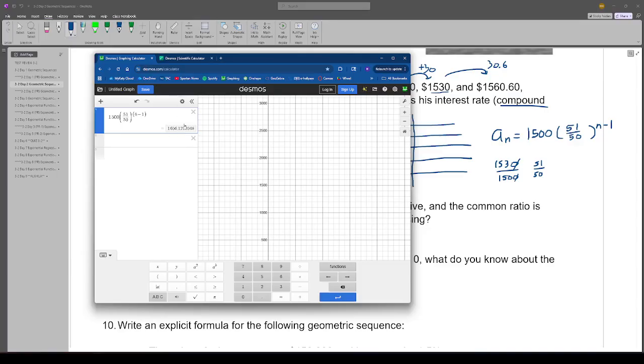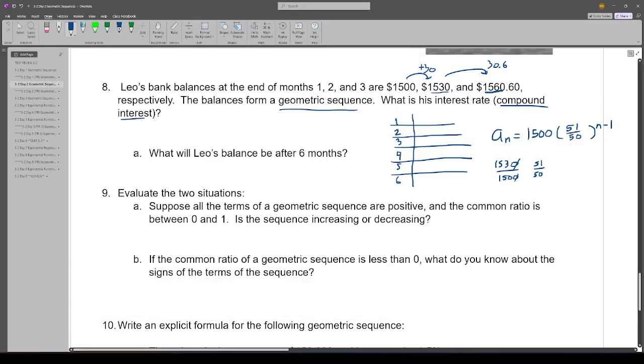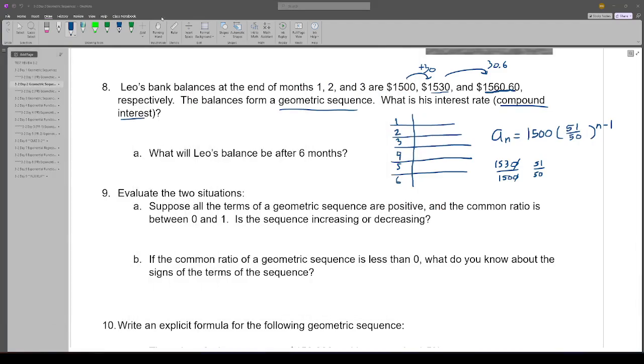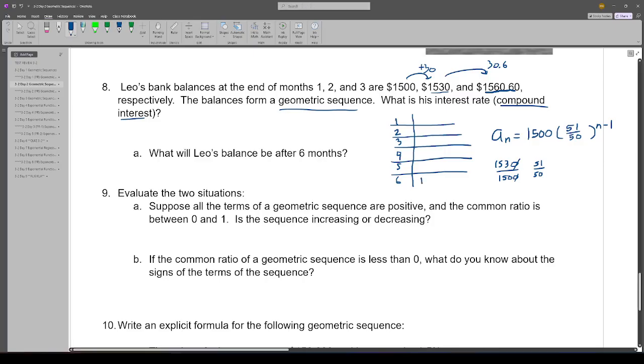Since we're talking about money, we're going to round to 2 decimal places because that's how dollars and cents work. We can also see that as given in the problem with 1560.60. So we have the answer after 6 months. Leo would have 1656.12.